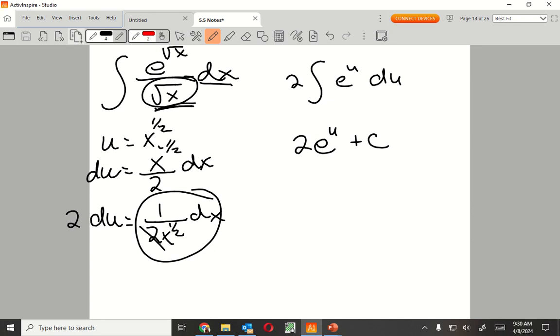You combine the 2 and the e. Yeah, the 2, because when I take the integration, it's 2 times that. And then put that u back. So it's 2 e to the square root of x, if we want to put it back looking like that, plus c.